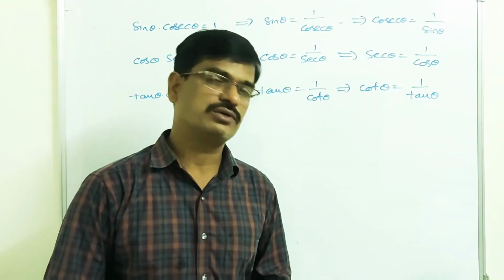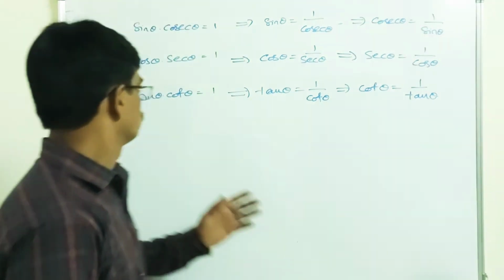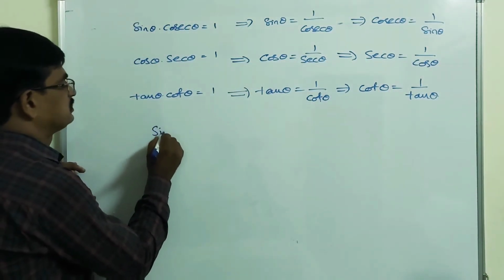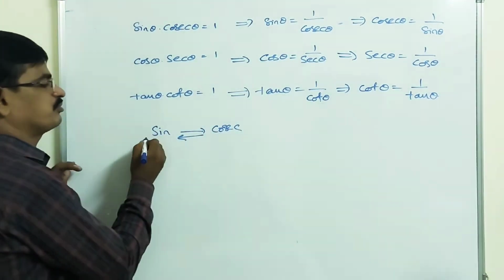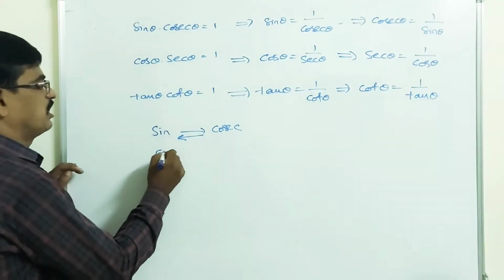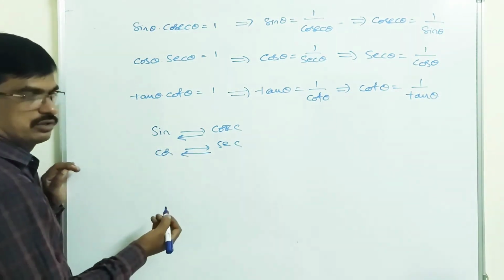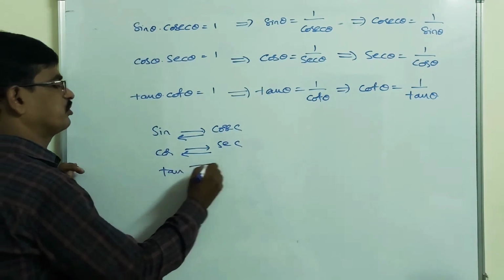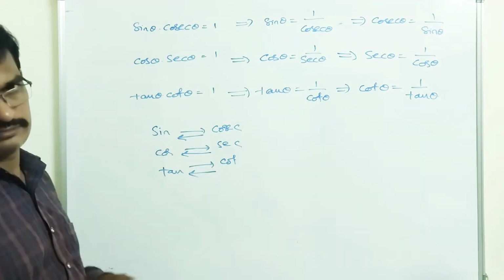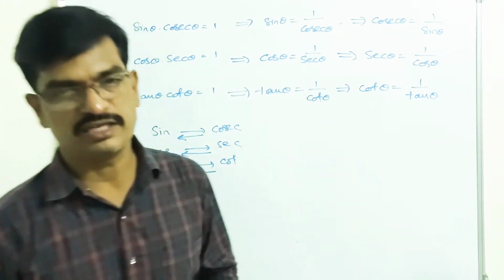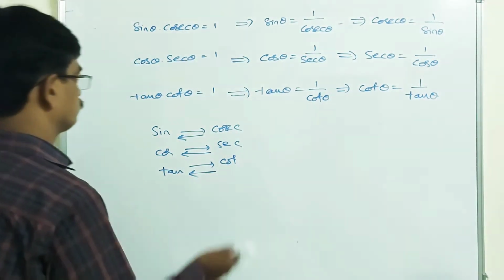Tan theta is equal to opposite side by adjacent side. If you know these three, then sin is reciprocal to cosecant, cosecant is reciprocal to sin, cos is reciprocal to secant, secant is reciprocal to cos, tan is reciprocal to cot, and cot is reciprocal to tan. If you remember 3, then we can find out the remaining 3 also. Next.